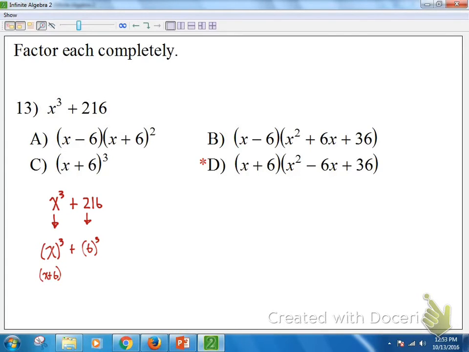So I recognize the pattern. It's going to be x squared minus 6 times x is 6x. That's 36. And that's it. I can't do anything else. Okay. Which is letter D. Okay. That concludes the quiz.